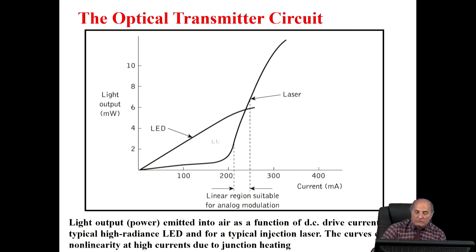Remember also that a light emitting diode has a continuous spectrum. It is not an ideal optical source. The laser has discrete spectral components when a single mode laser is used.